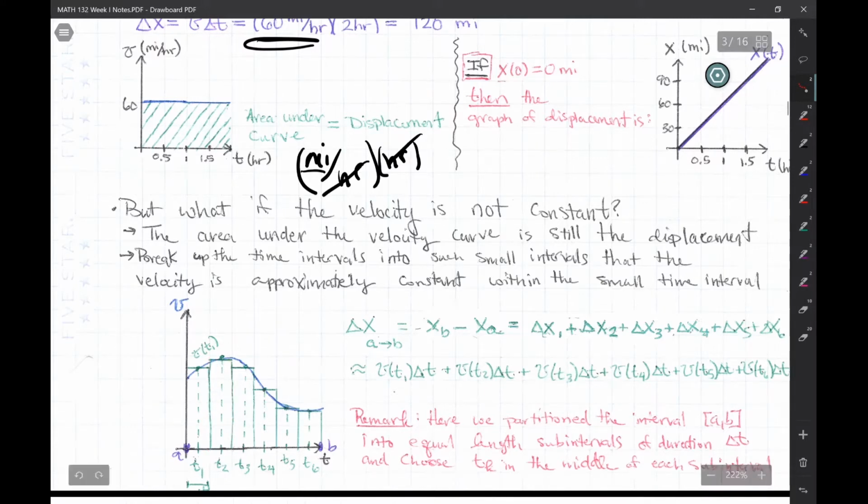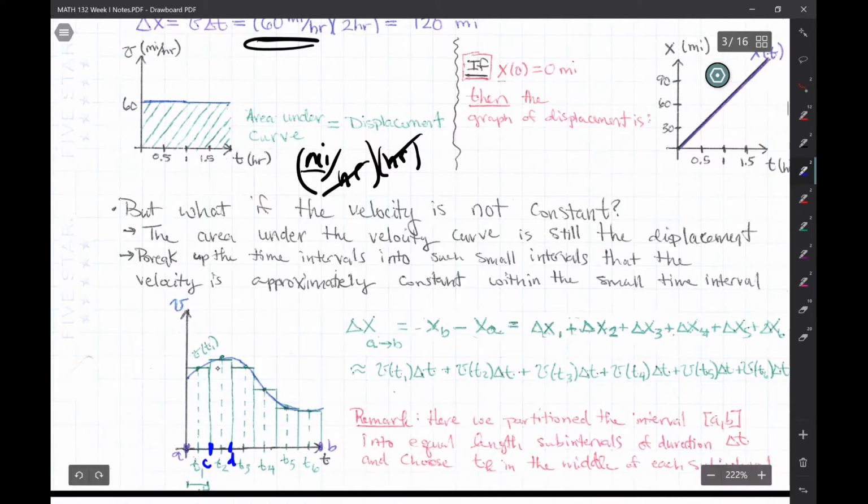Now, unless someone's accelerating at an extremely fast rate, we could choose a moderately small time interval, and within that small time interval, the velocity will be constant. Consider, say, let's label this point here. Let's call this C and D.